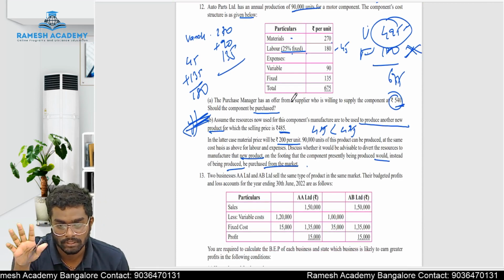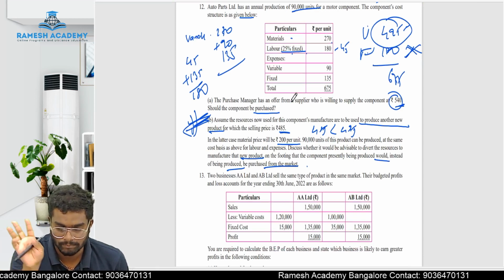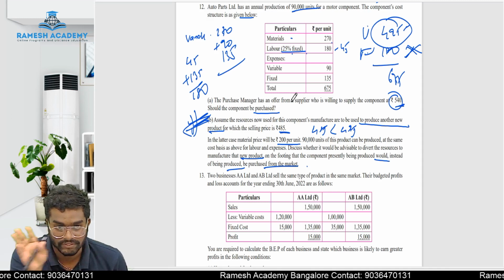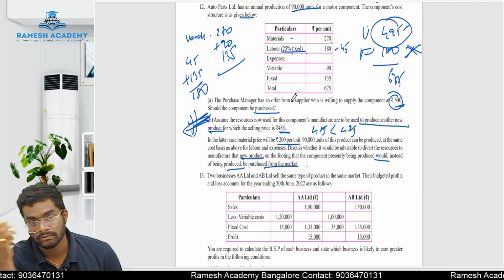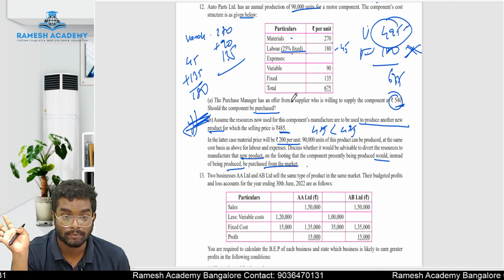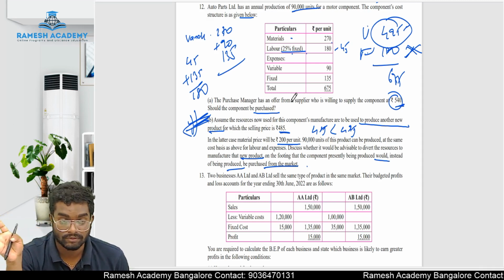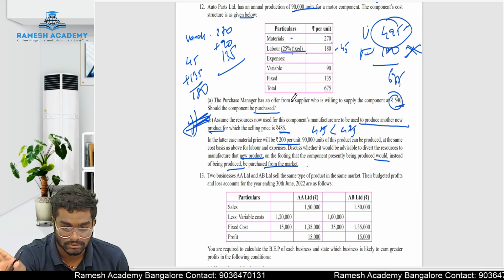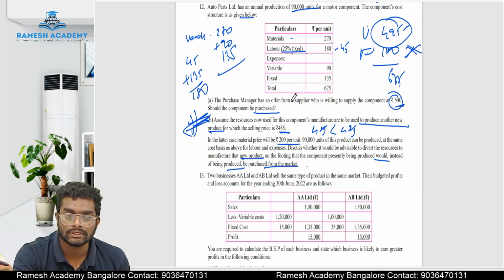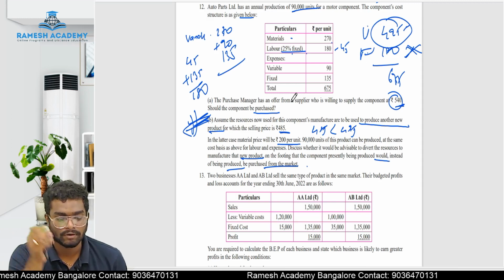In the first scenario, we produce inside, because our net cost is 495, because we consider only the variable cost, not the fixed cost. In the second scenario, the fixed asset is being occupied by another product, so there is no tension for that. We are only concerned about the variable cost. If the variable cost is 495 and we purchase outside for 485, we are at a profit of 10 rupees.